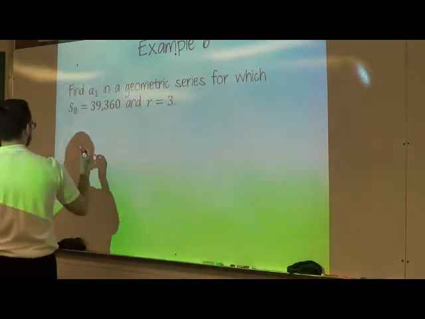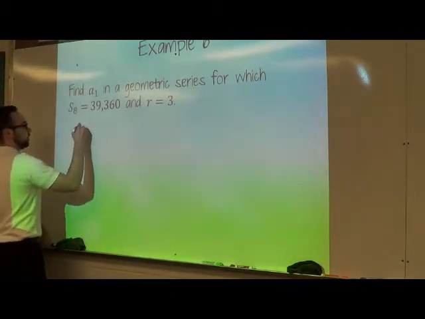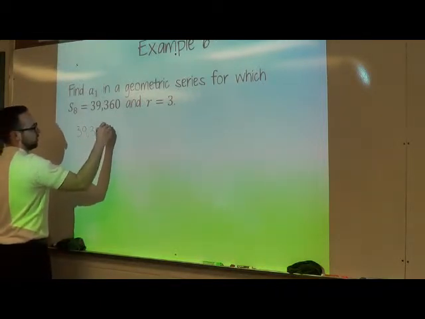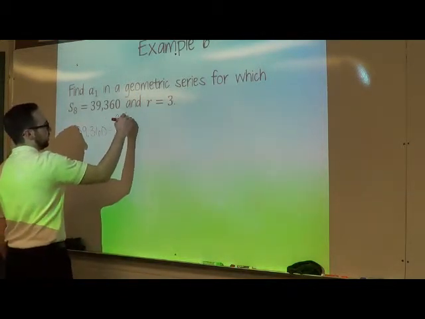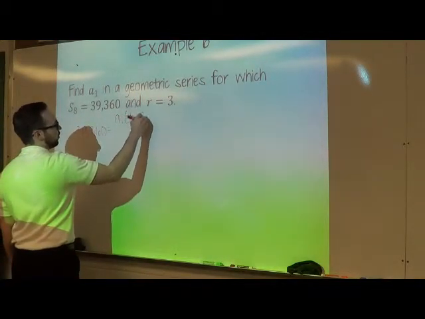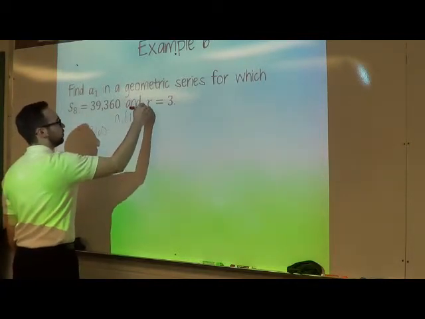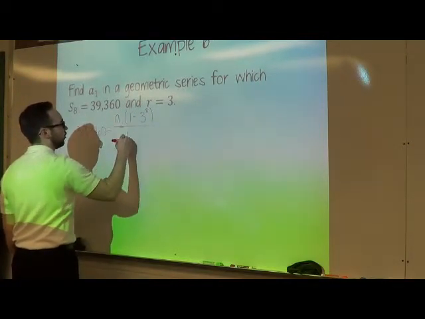So we're going to start by substituting into our sum formula. So 39,360 is equal to a sub 1 times (1 minus 3 to the, we know we're on the 8th term) all over 1 minus 3.